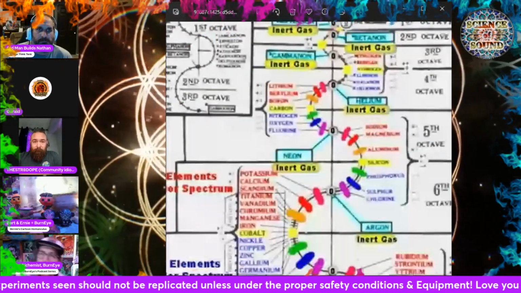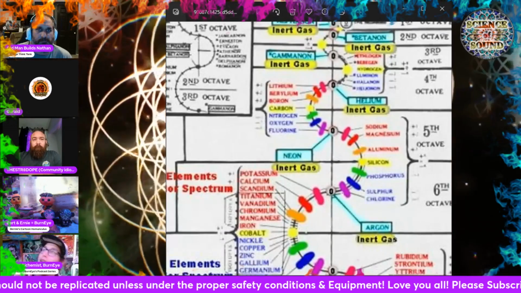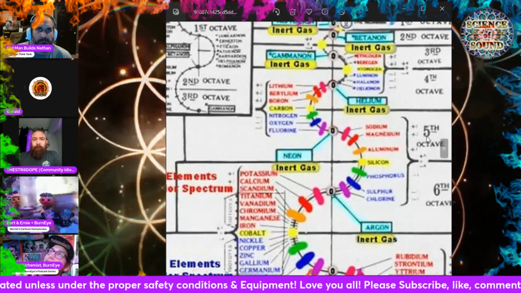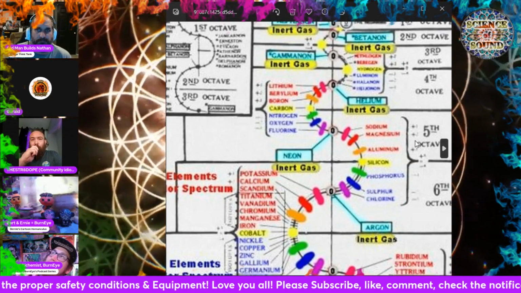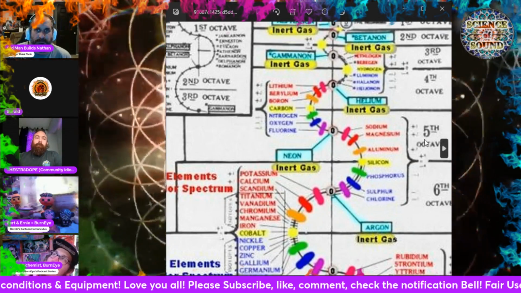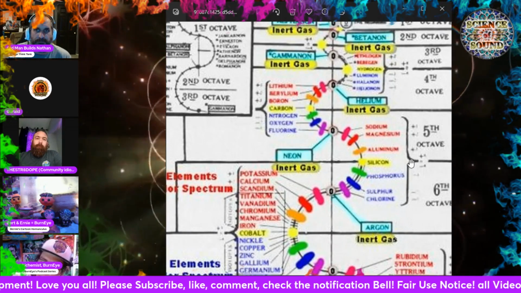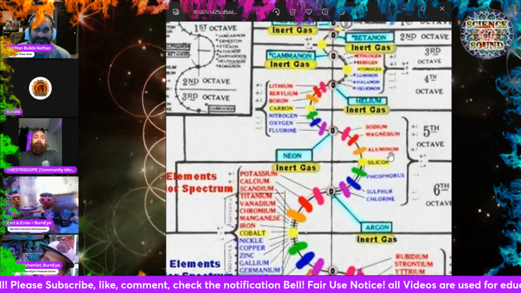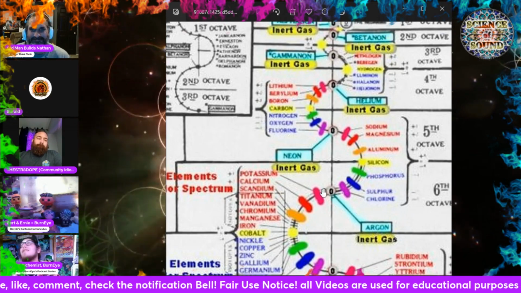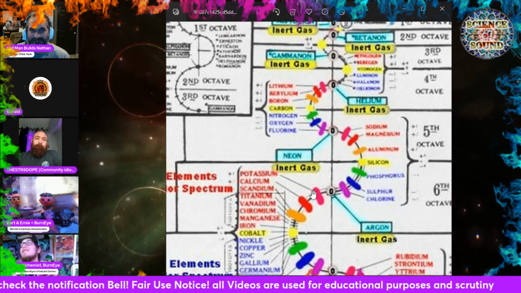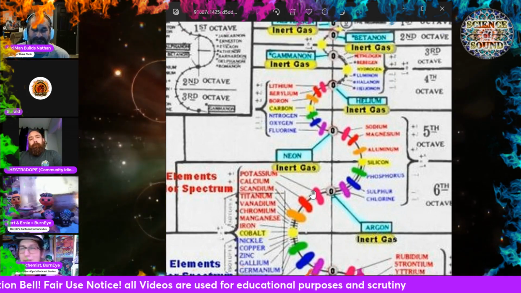What you are talking about specifically, Joe, and how I know you're bang on. You said silicone would be a pentagram and it's on the 5th octave, so you are 100% correct. That is how it would crystallize out. And this is the Walter Russell chart, of course, of the elemental octave scale.